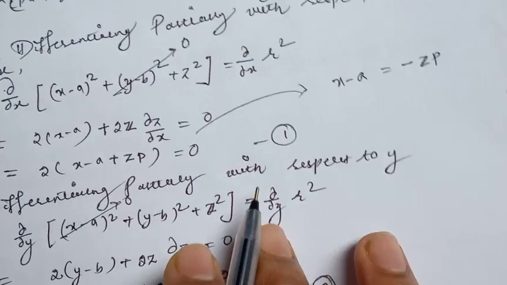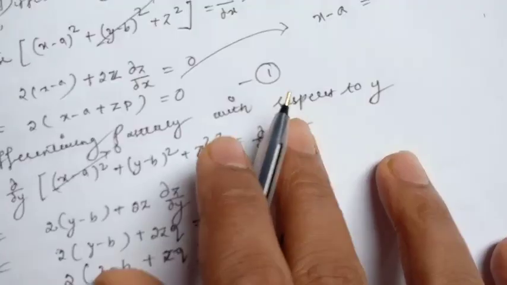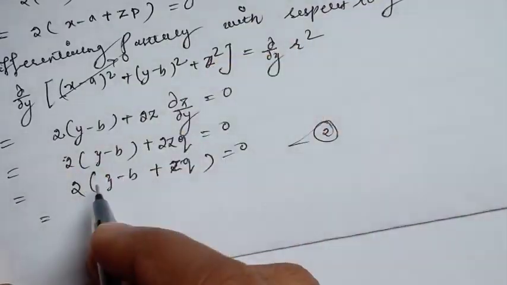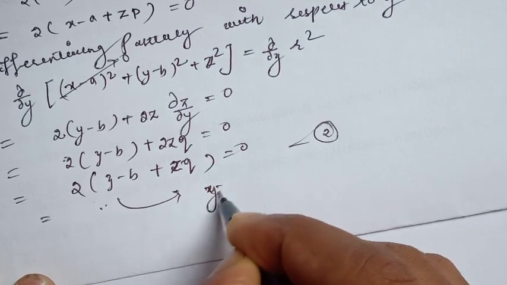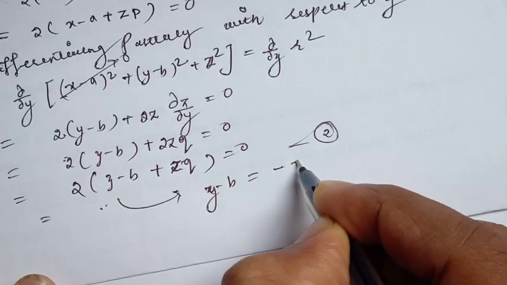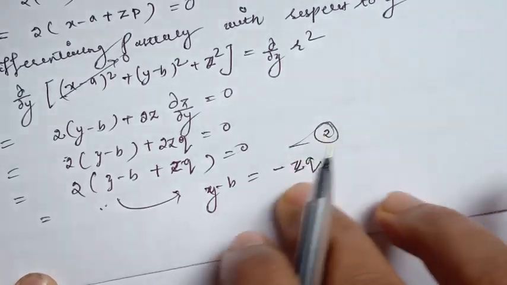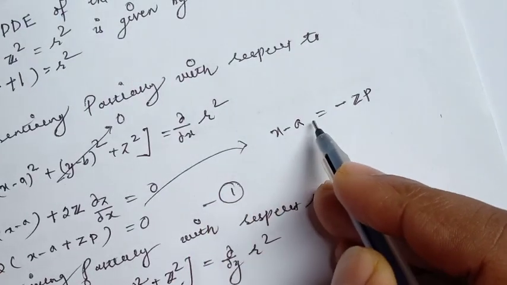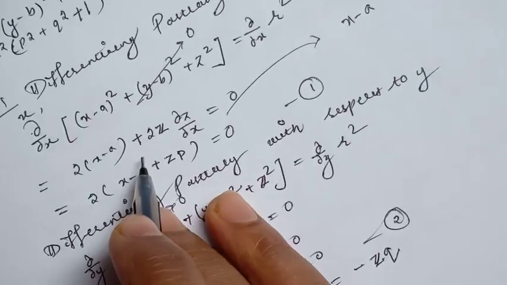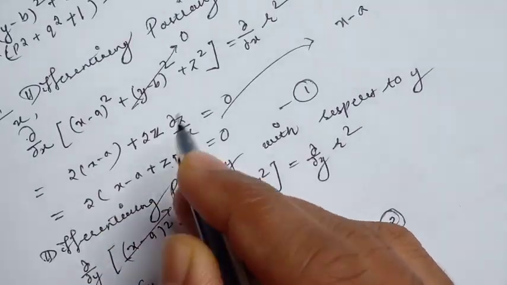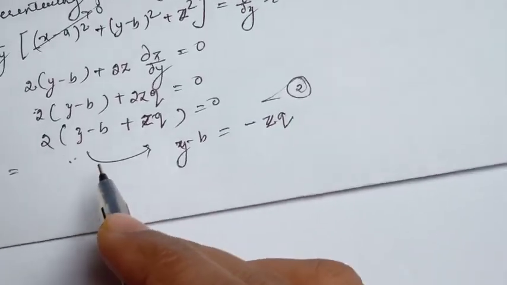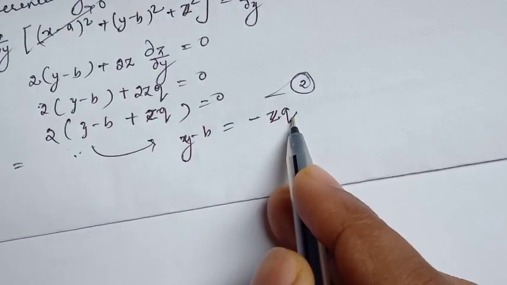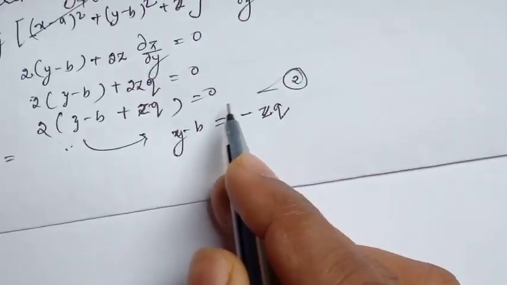And from equation 2 we can write y − b = −zq. Is that correct students? From this statement, x − a = −zp, and from this statement, y − b = −zq.